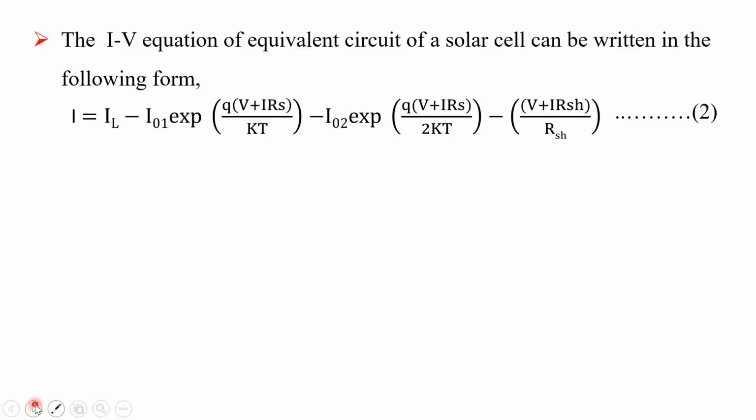The IV equation of the equivalent circuit of a solar cell can be written in the following form. I equals IL minus I01 exponential q(V plus I Rs) upon kT, minus I02 exponential q(V plus I Rs) upon 2kT, minus (V plus I Rs) upon Rsh, where Rs is the series resistance and Rsh is the shunt resistance.